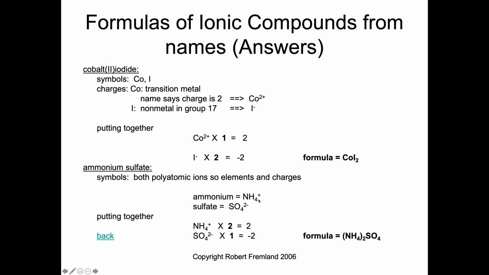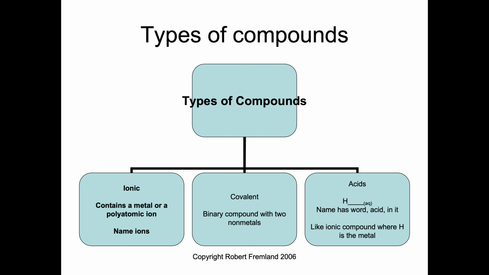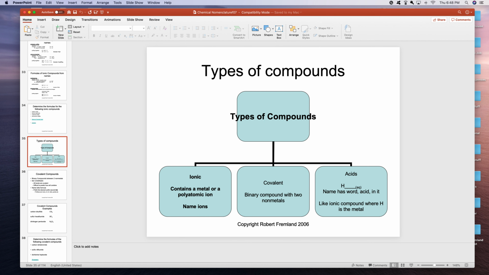Ammonium is NH4 with a +1, and sulfate is a -2. That means we need 2 of the ammoniums, so the ammonium goes in parentheses. I think you can see it step by step. I think this is a good stopping point, so we'll stop here.